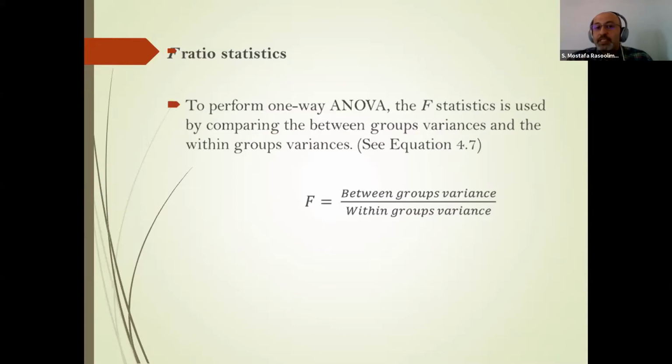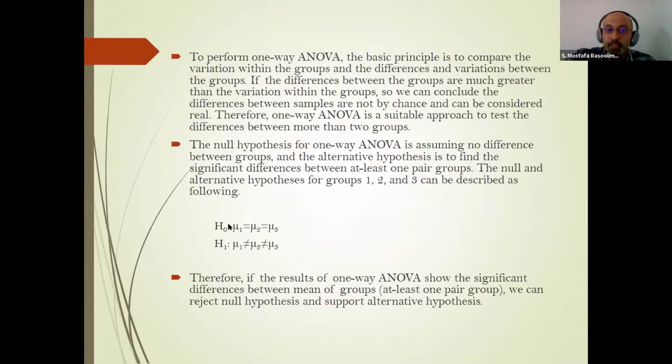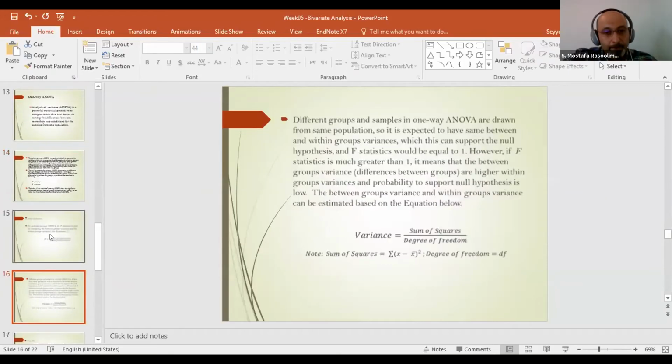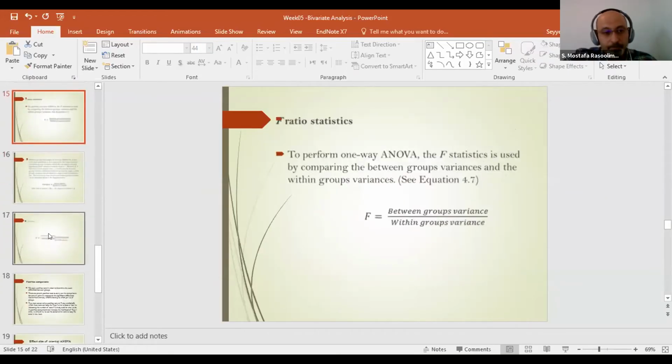But if F is very high, it means variance between groups is higher than variance within groups. Based on this, we can see the result of hypothesis testing for the null and alternative hypothesis, right? So this is the concept of ANOVA.